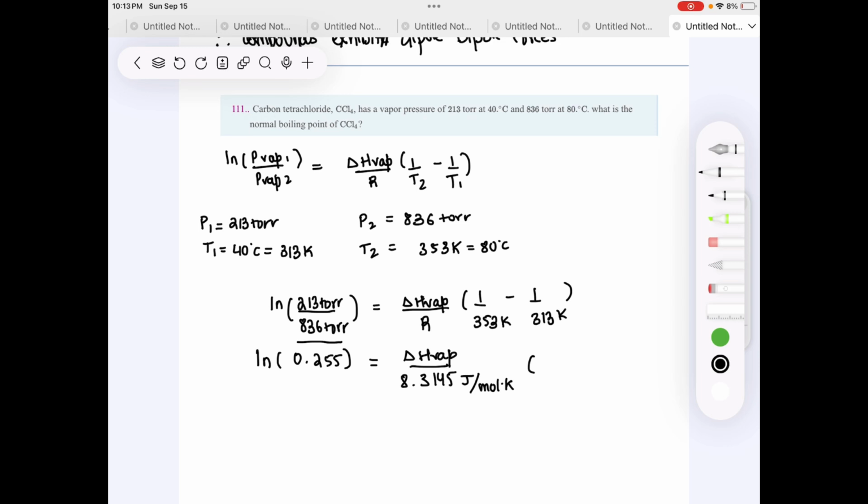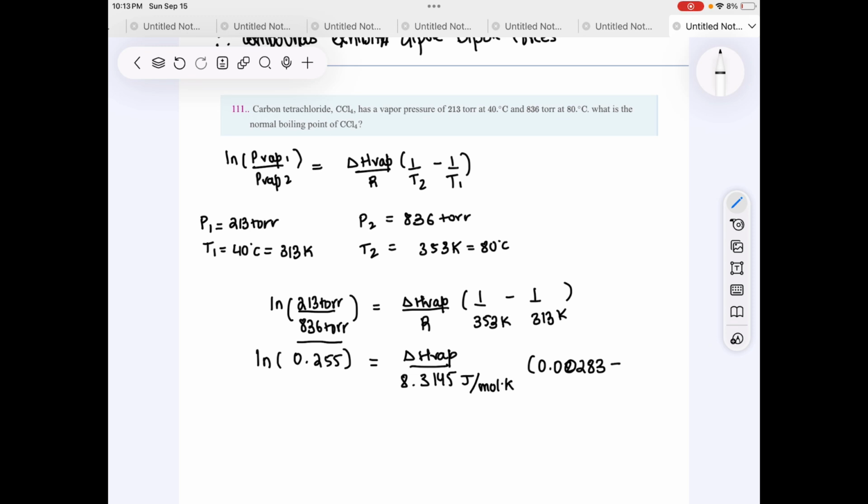Let us calculate the temperatures. We get 0.0283 minus 0.003195. ln 0.255 is equal to negative 1.366.